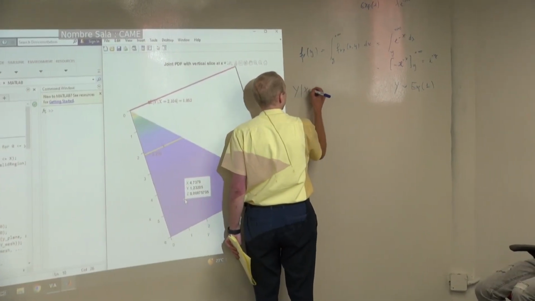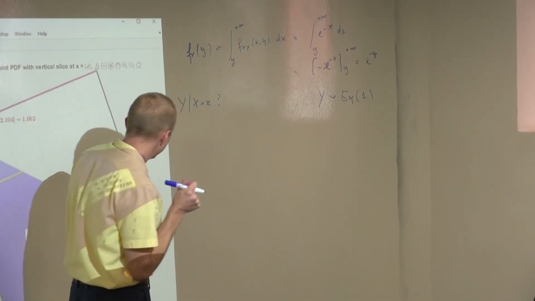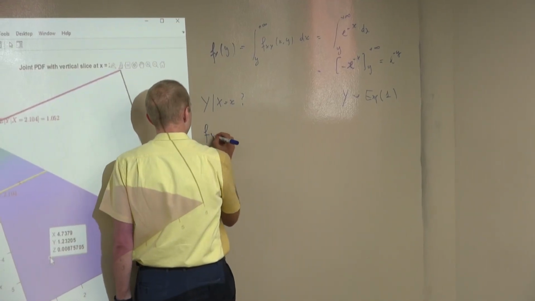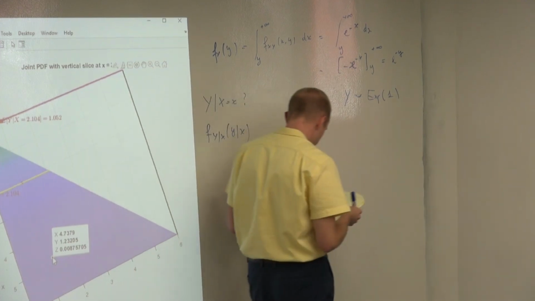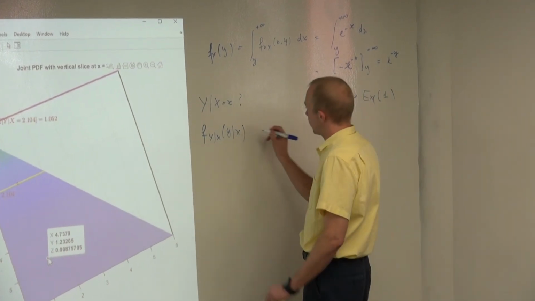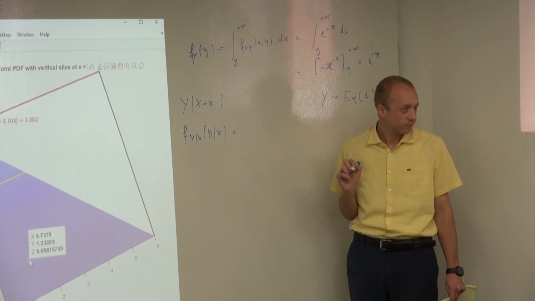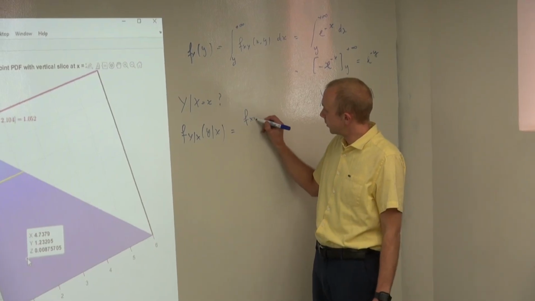Y given x. What is this distribution? No? So you need to get the margin. See? F y given x, x. Right? What is this? How do we do it? Joint, no?